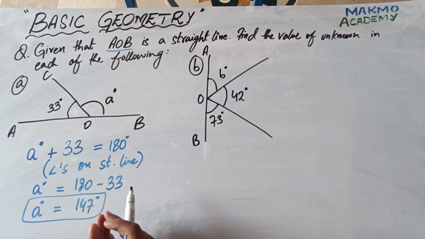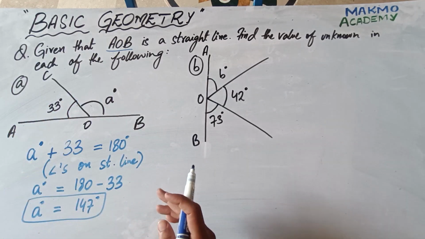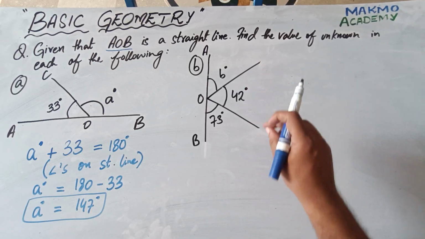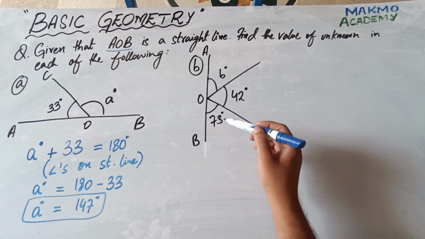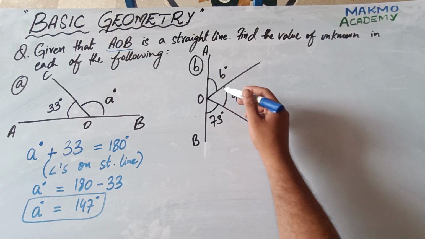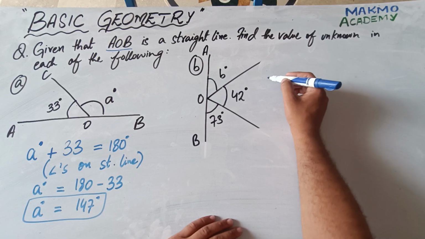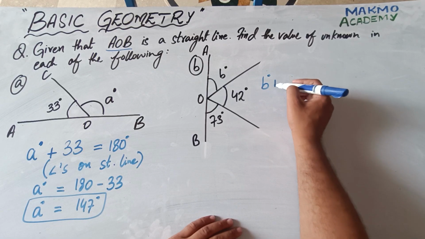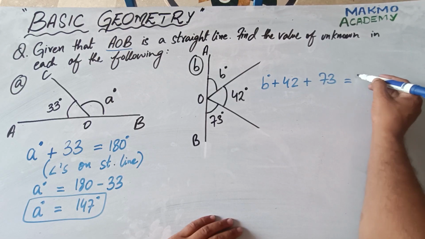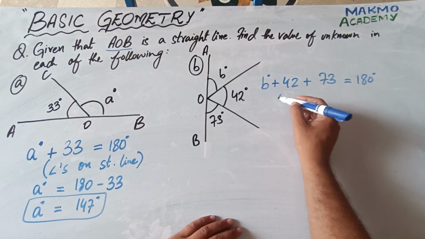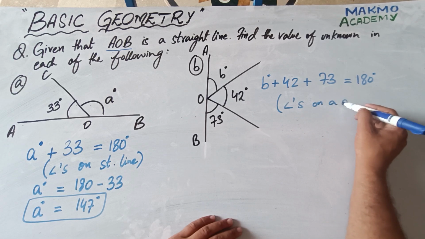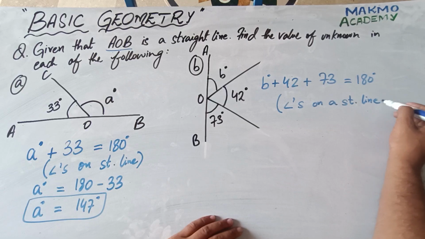So this is how we can find out the value of unknown, by using those concepts which we have already learned. Now if you will see that there are three angles, and again AOB is a straight line, and there are three angles on a line. It means that the sum of these three angles, B plus 42 plus 73, is equal to 180 degrees. So we will again give the reason: angles on a straight line.